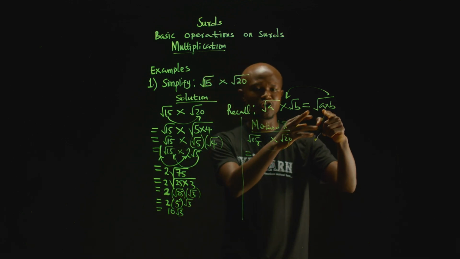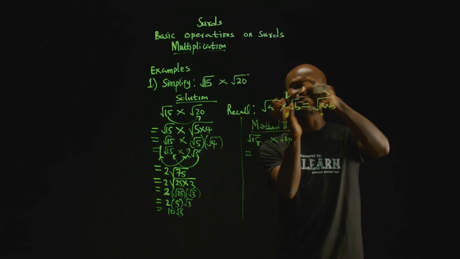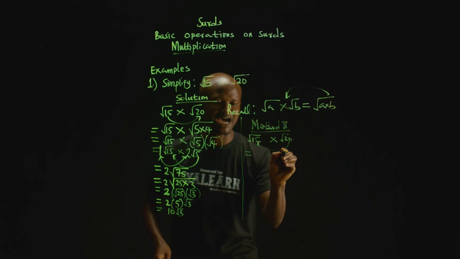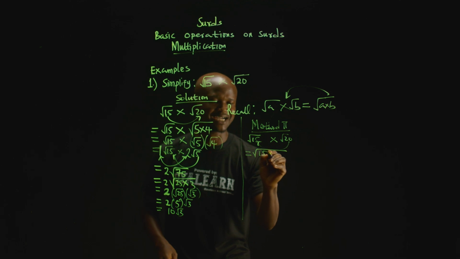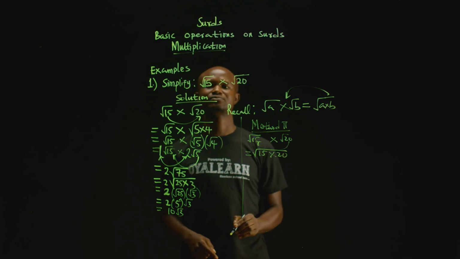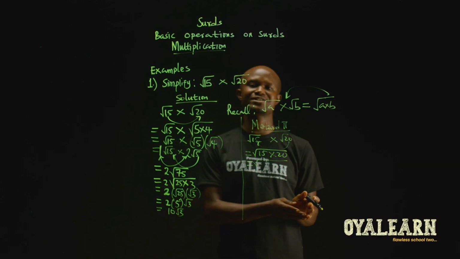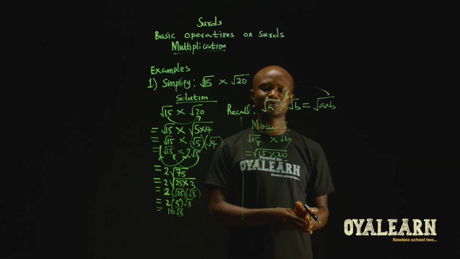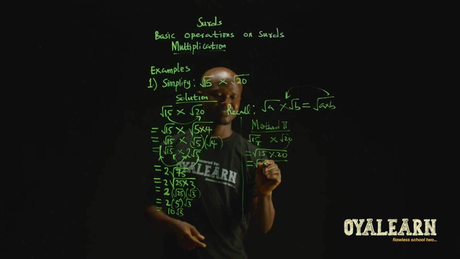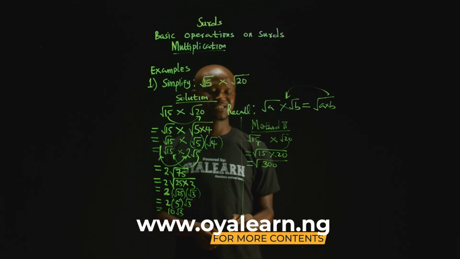So by applying this law, moving from the left-hand side to the right-hand side directly, I will have root of 15 times 20, which is root 300.